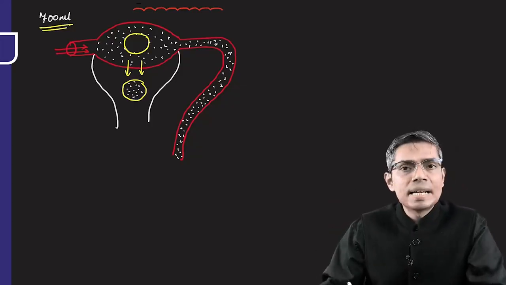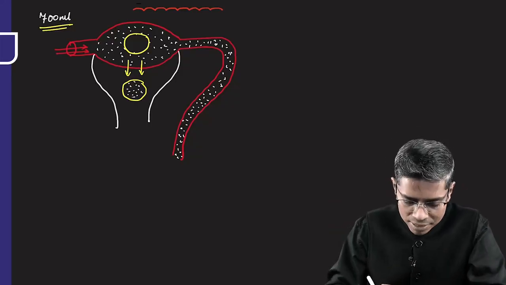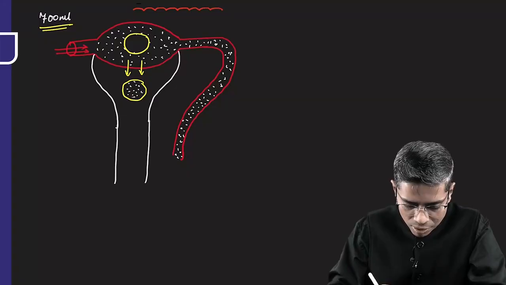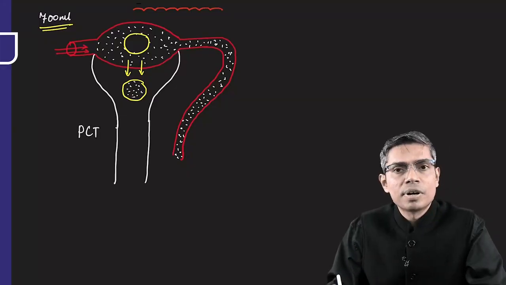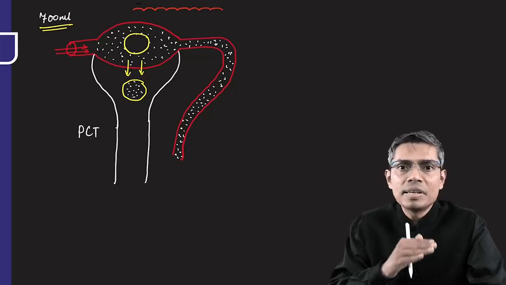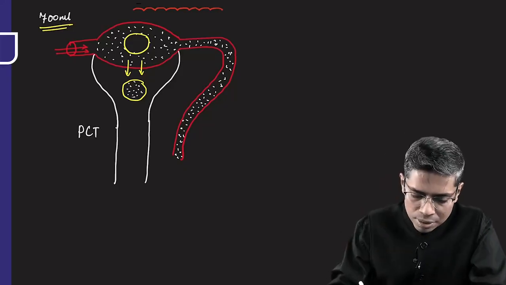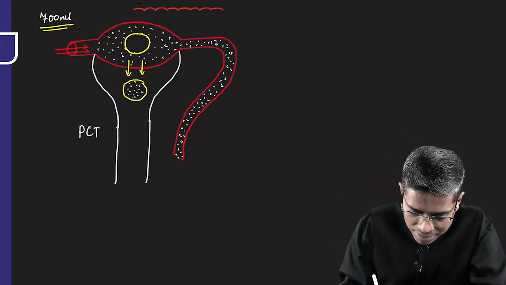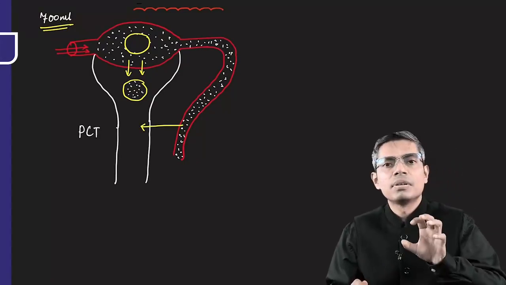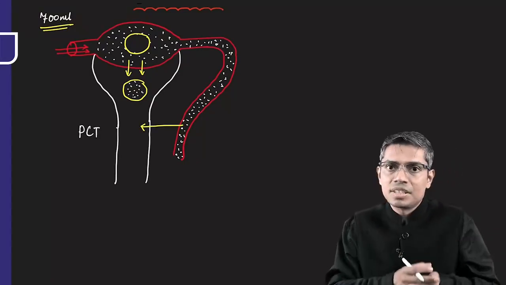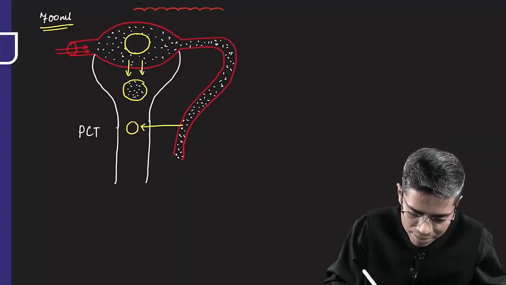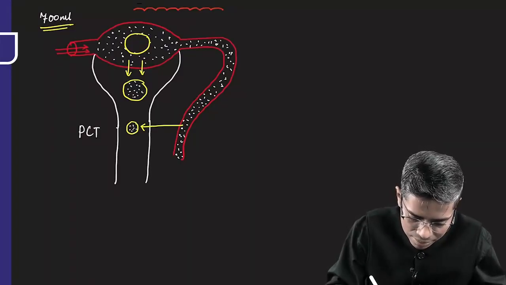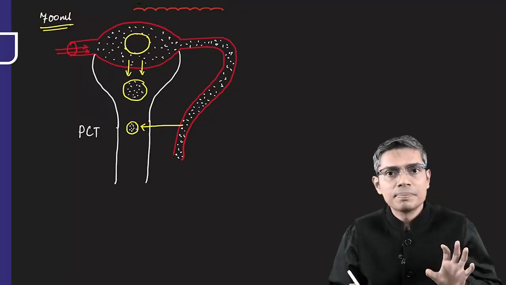I told you that creatinine is going to be secreted. Where does the secretion occur? The secretion occurs at the level of the proximal convoluted tubules. Where is the secretion coming from? From the peritubular capillary. So the creatinine will be secreted from this peritubular capillary at the level of the PCT. Whenever there is secretion, a certain amount of creatinine is reaching the proximal tubule.